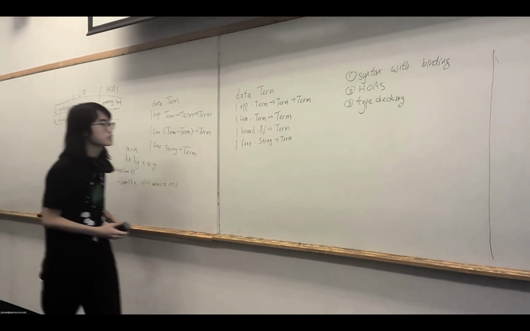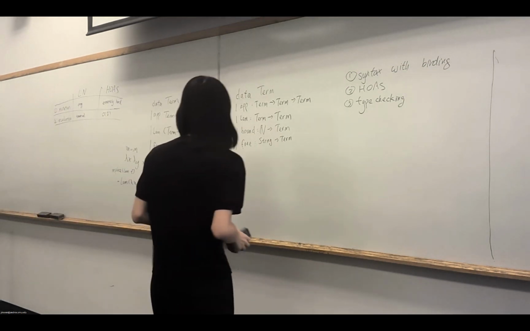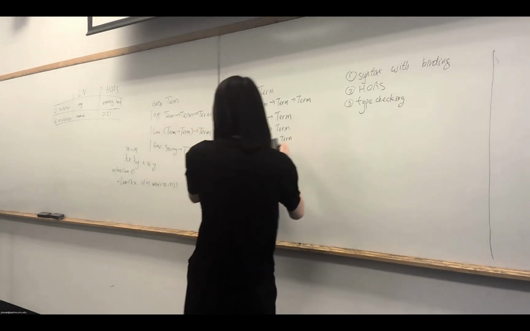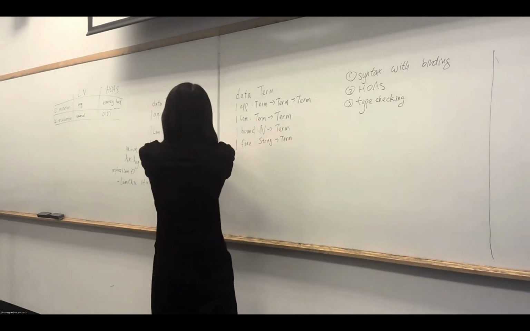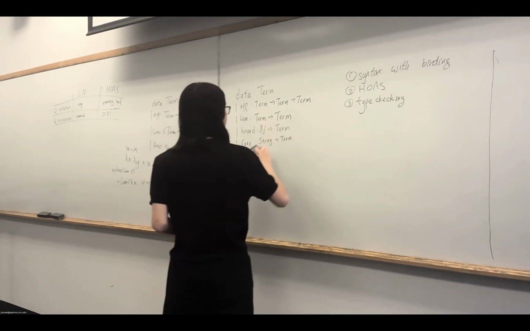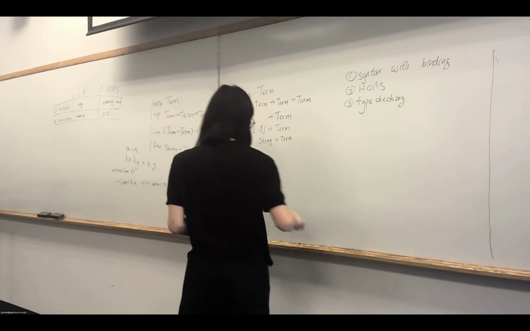So the combined AST will look like this. Instead of having two ASTs, the lambda has two possible implementations, so just replace one of them.